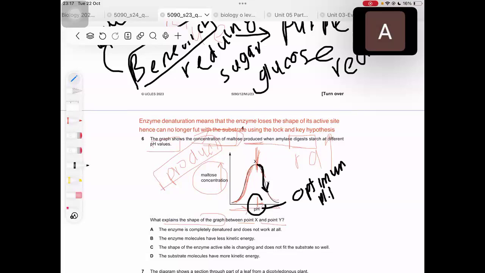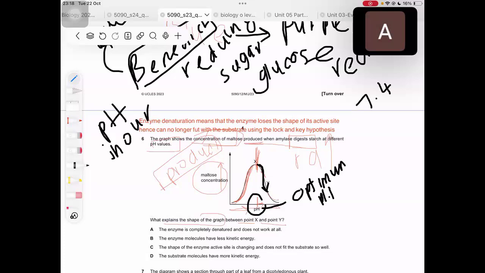What happens over here is for all the cellular activities, for all the chemical activities, pH affects the structure of the enzymes. We have to maintain a stable pH range, that means a constant pH range in our body, right? For example, our blood has a pH of 7.4.